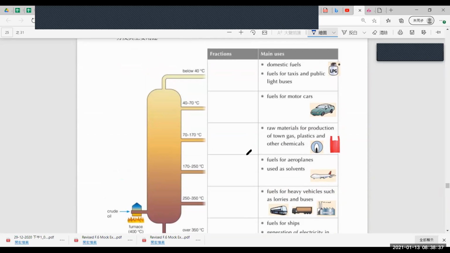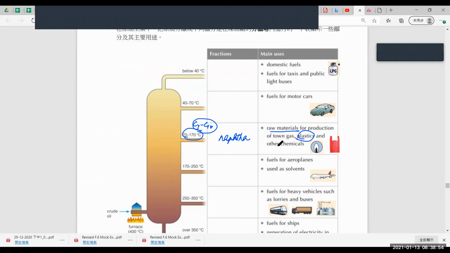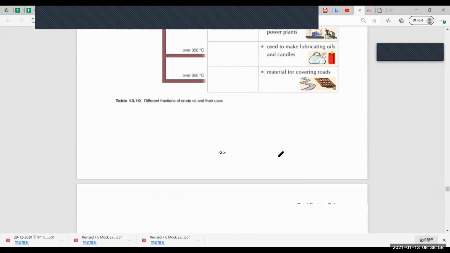It's on here, naphtha. So this is about C7 to C10 hydrocarbon. So not too big, not too small. It is a raw material for the production of plastics.